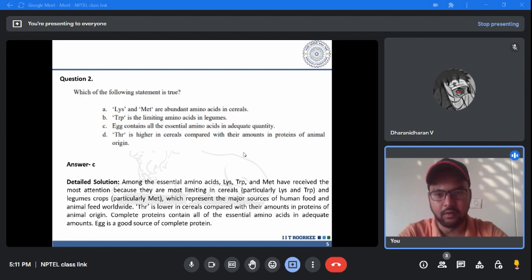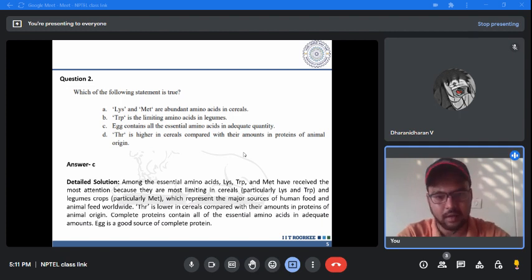Among the essential amino acids, lysine, tryptophan, and methionine have received the most attention because they are the most limiting in cereals, particularly lysine and tryptophan, and in legume crops, particularly methionine, which represent the major sources of human food and animal feed worldwide. If you are taking only cereals like rice and wheat, in the form of cooked rice or chapati, we are missing the major essential amino acids like lysine, tryptophan, and methionine.